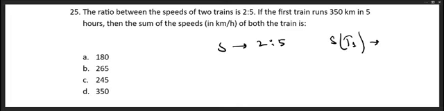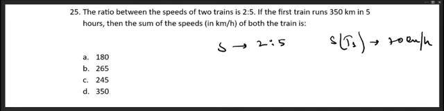Next question. The ratio between the speeds of two trains is 2:5. Again we are given the ratio of speed, that is 2:5. If the first train runs 350 km in 5 hours, again the speed of the first train, T1, is 70 km per hour. The speed of the second train will be the same as before because all the values are the same, 175 km per hour.